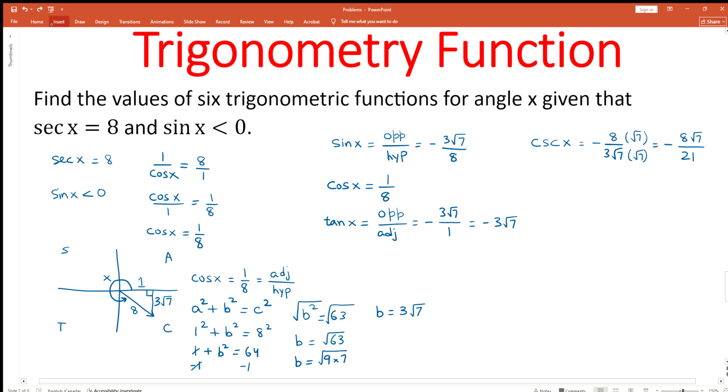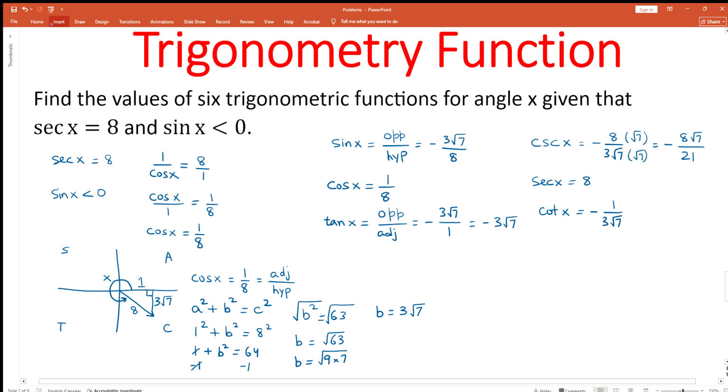The next ratio is secant x. We are given the value of secant x, 8. And the last one is cotangent x, the reciprocal ratio for tan. We got tan x equals negative 3 times square root 7 over 1. We should flip this fraction. I get negative 1 over 3 square root 7.